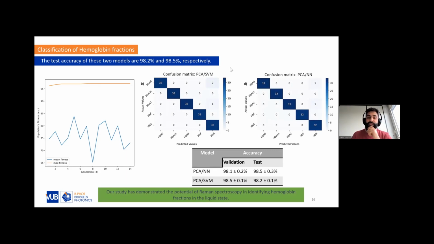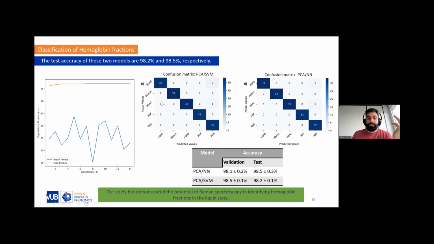For example, for the case of these 5 hemoglobin fractions, you would get this confusion matrix for PCA plus SVM, where you could see that 32 of HbS samples were classified correctly.